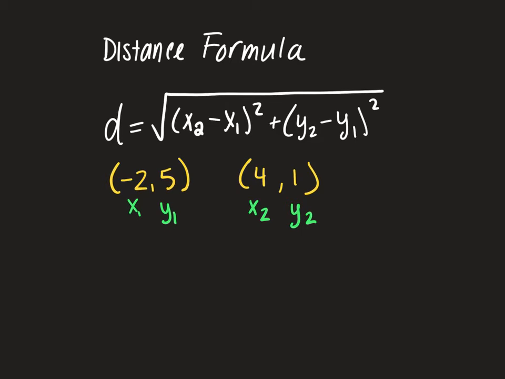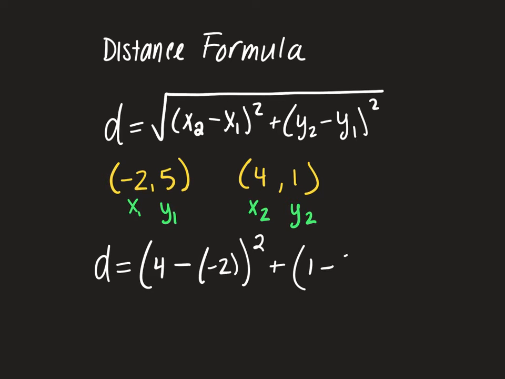Now we plug these numbers into our formula. The distance equals the square root of (4 minus -2) squared plus (1 minus 5) squared.